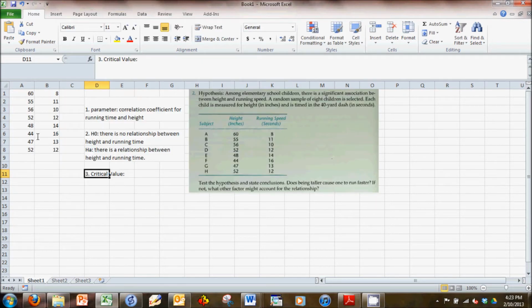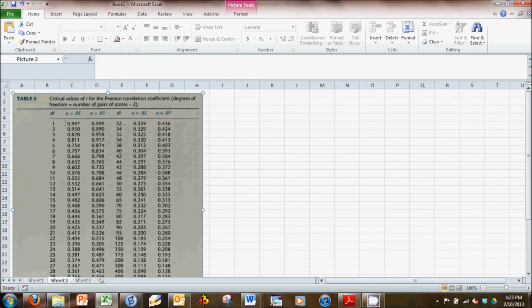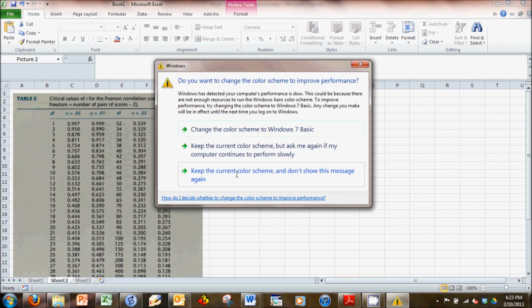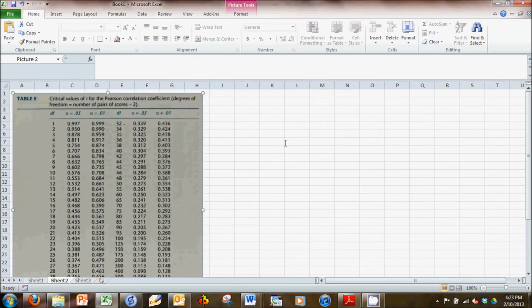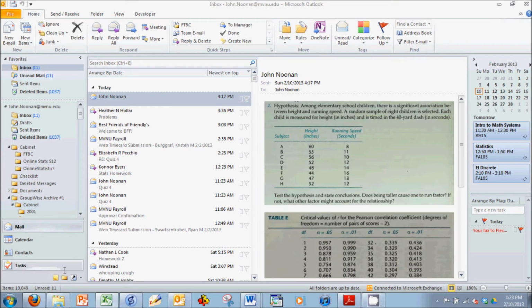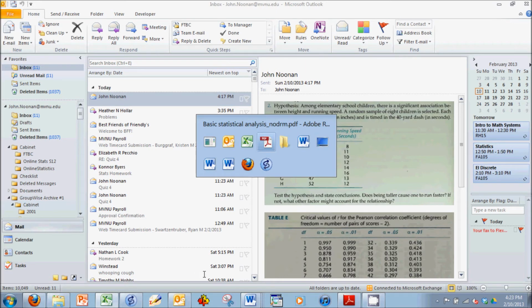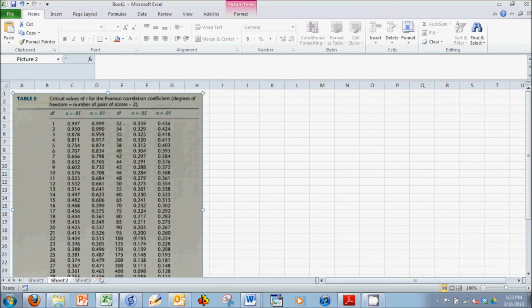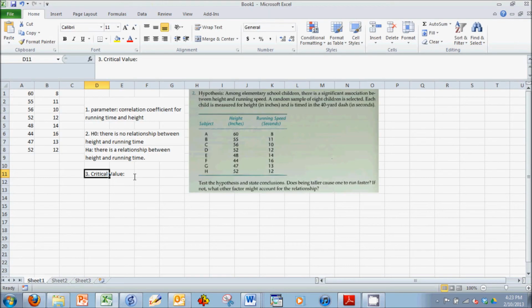So we have 8 pairs of scores for this particular problem, 8 children who participated in the study. 8 minus 2 is 6, and the critical value here is 0.707. So 0.707 is our critical value.